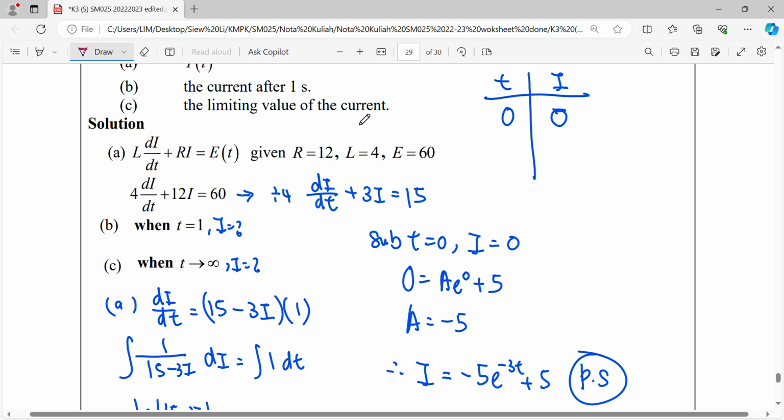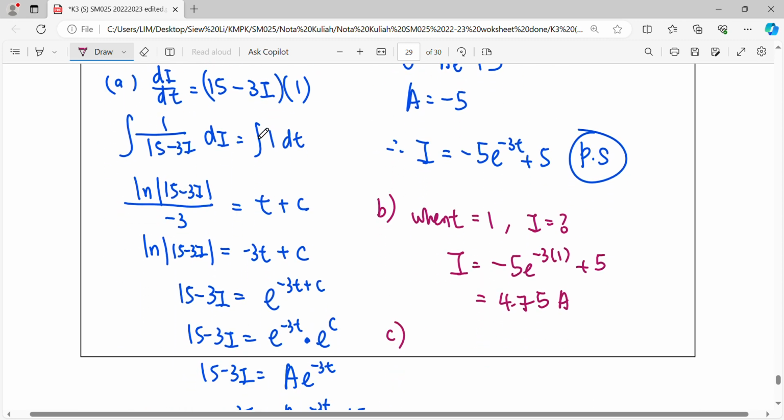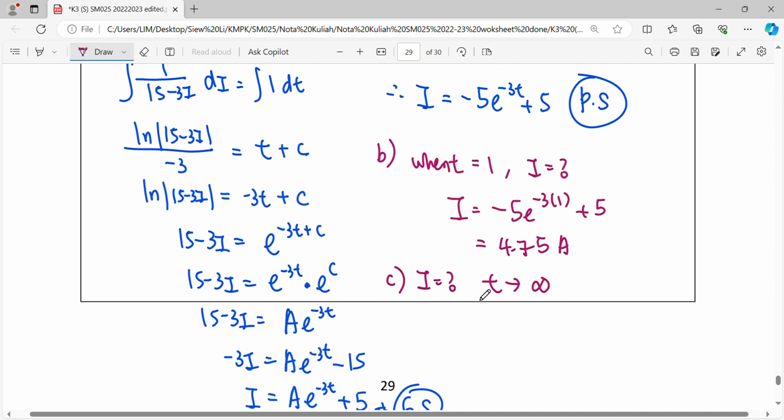Then for question C, what is your limiting value of current? What's your current when your time approaches infinity? So we will analyze using the particular solution. When t goes to infinity, we rewrite this exponential of the negative power back to the denominator so that we can evaluate the infinity correctly.